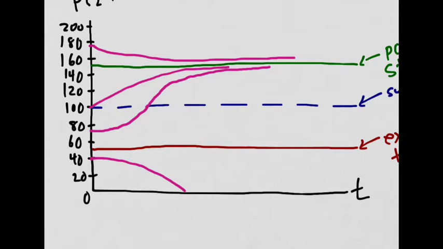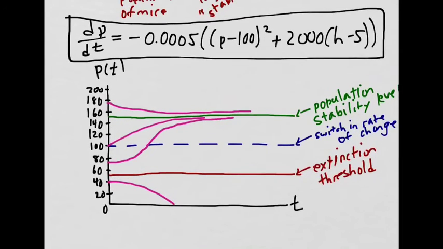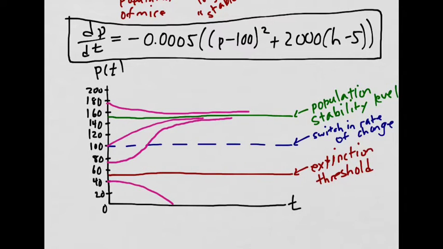Because if the initial population of that prey species is less than the extinction threshold, and that threshold varies depending on the species, there's a high risk that that population could go extinct. Right? So hopefully this shows you how mathematics is important not only for people like math and high school students, but also for people who care about the environment, such as biologists and ecologists, and people who care about the stability of species for a long period of time.